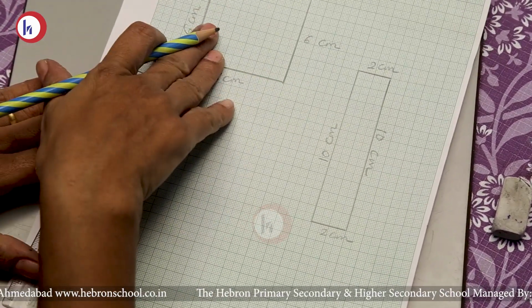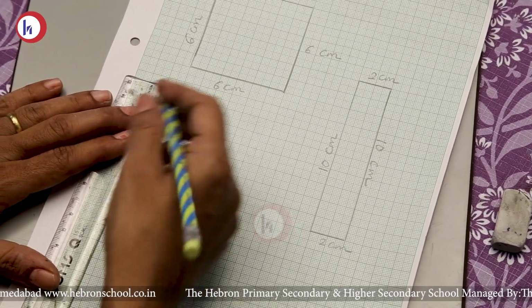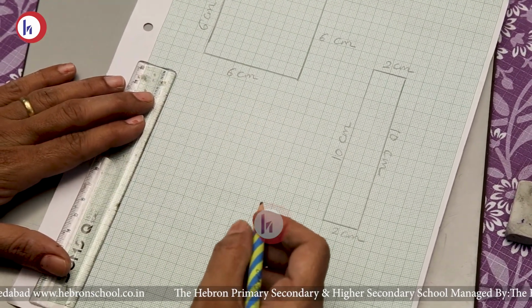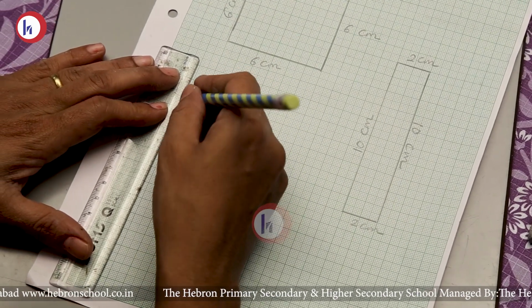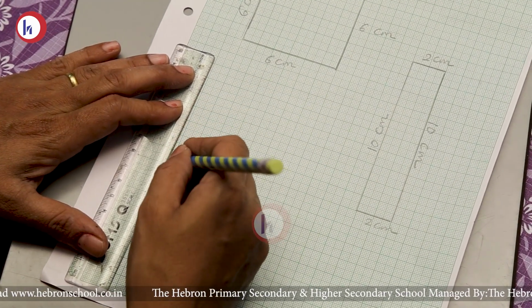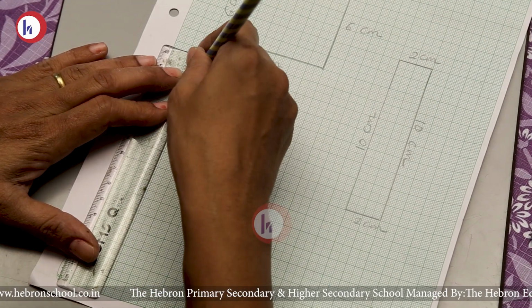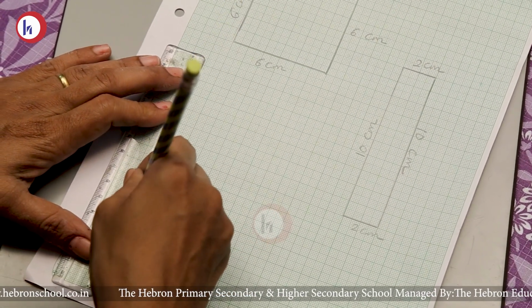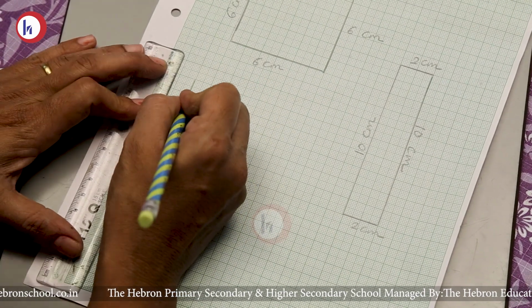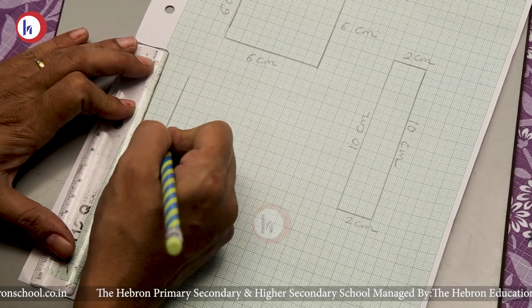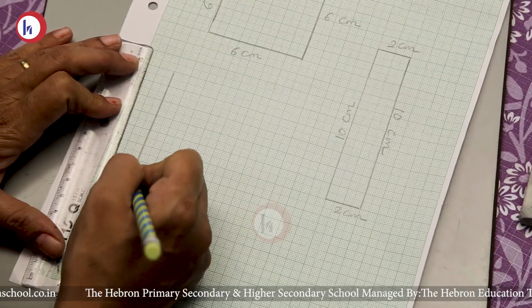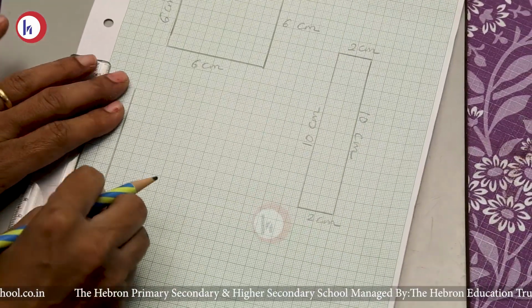Now come on, here again. How will we do 8 plus 8? Come on, 8. 1, 2, 3, 4, 5, 6, 7, 8. Again count. 1, 2, 3, 4, 5, 6, 7, 8. Oh, 9. Then we have to rub it out.